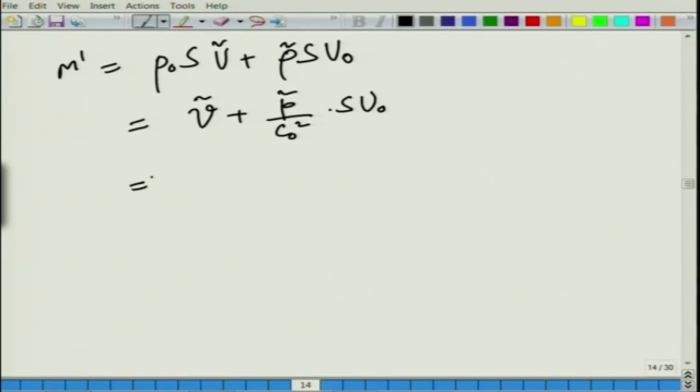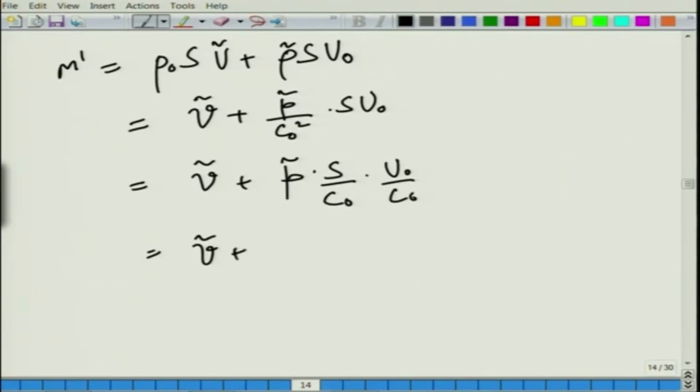We can further simplify these and write p tilde into S by c naught into u naught by c naught, which is your v tilde, and u naught by c naught is nothing but the Mach number. So, we have an expression for the perturbation mass velocity when you have a non-zero flow.